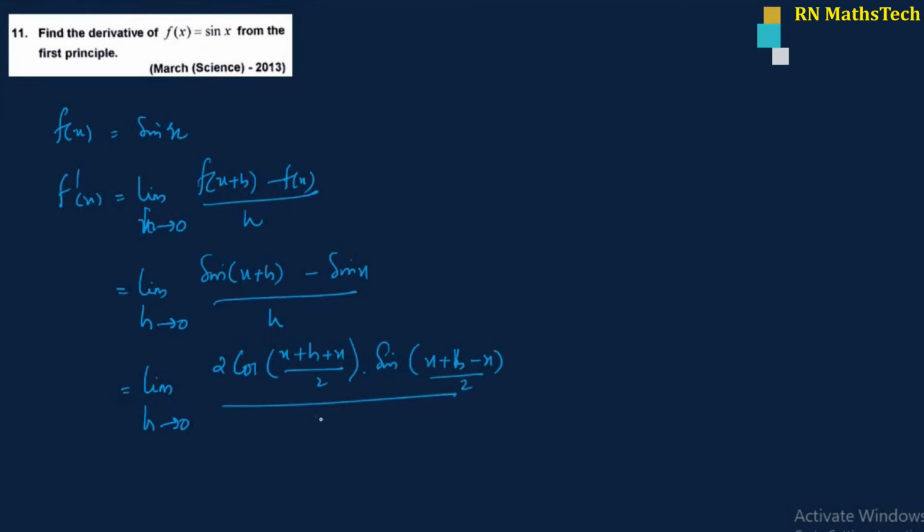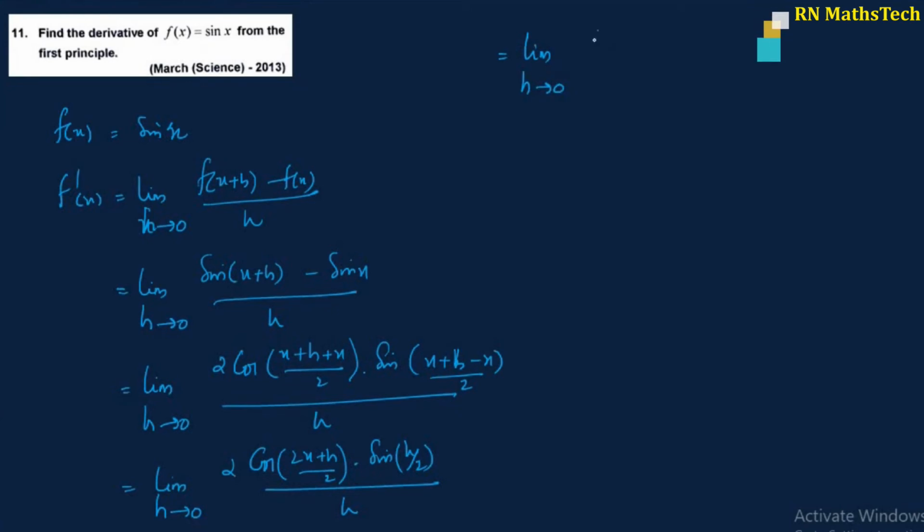Okay, the whole divided by h, that is equal to limit h tends to 0, 2 into cos of (2x plus h) by 2, into sin of h by 2, divided by h. That's equal to limit h tends to 0, 2 into cos of (x plus h by 2) into sin of h by 2 divided by h.